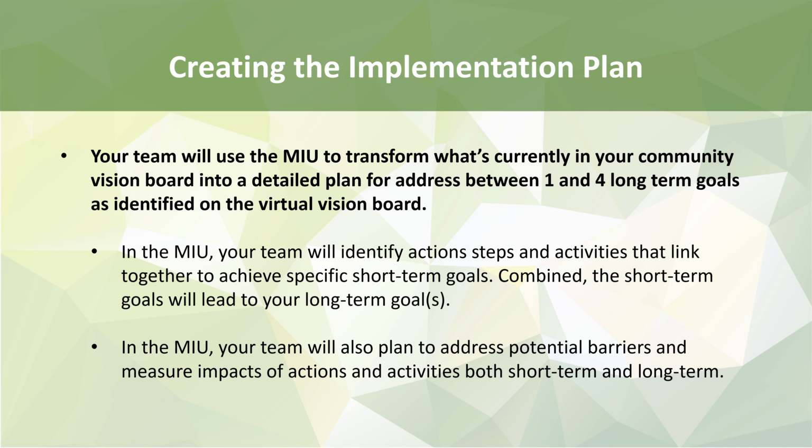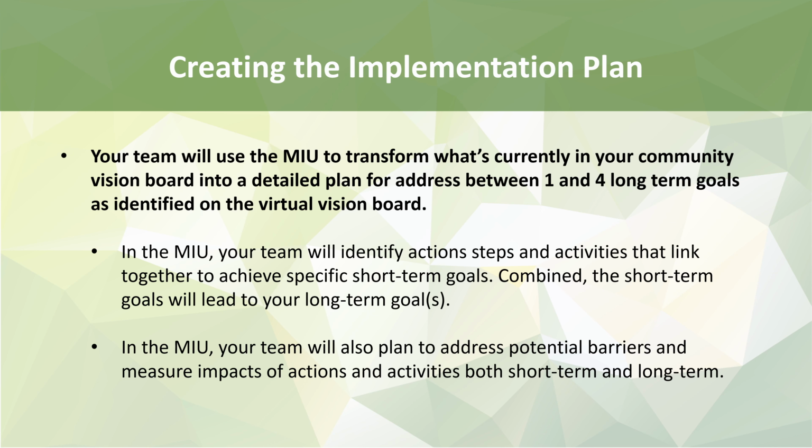And in the monthly implementation update, also known as the MIU, your team will identify action steps and activities that link together to achieve specific short-term goals. And what happens is that these short-term goals link together and build together in order to reach those long-term goals you've identified on your vision board.